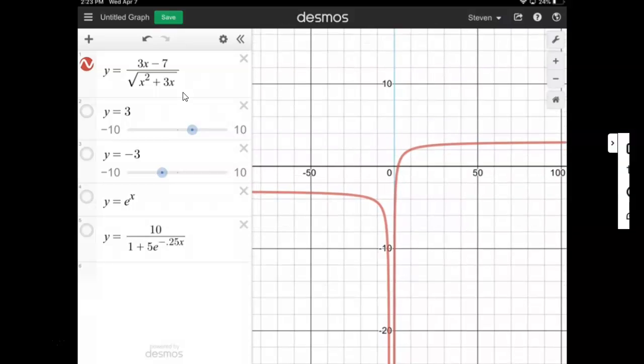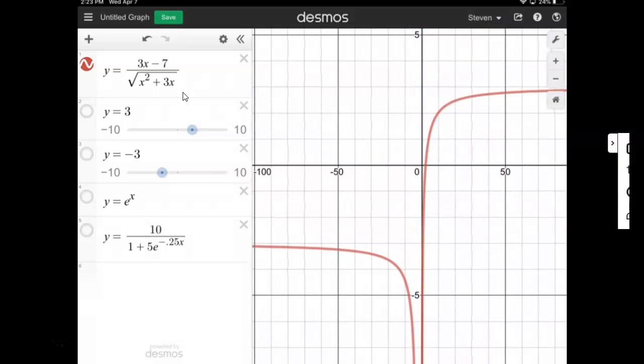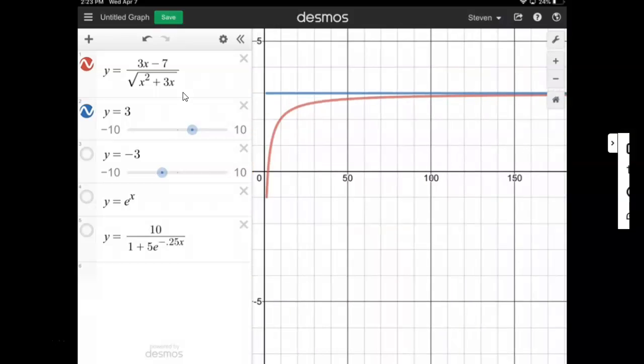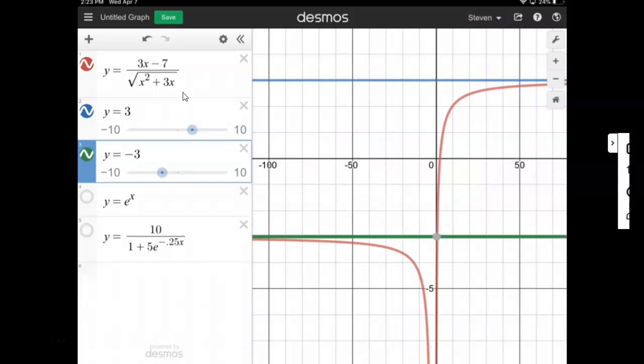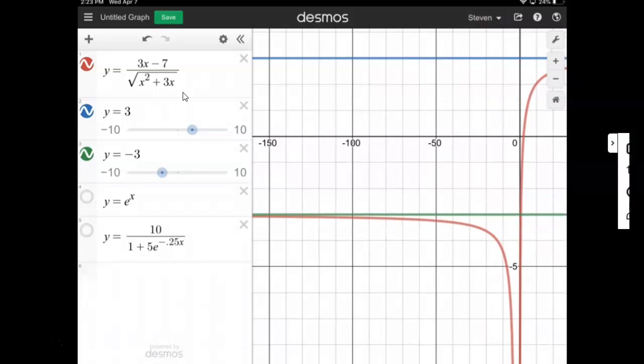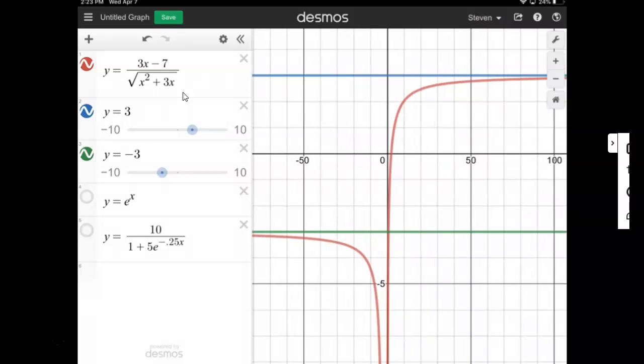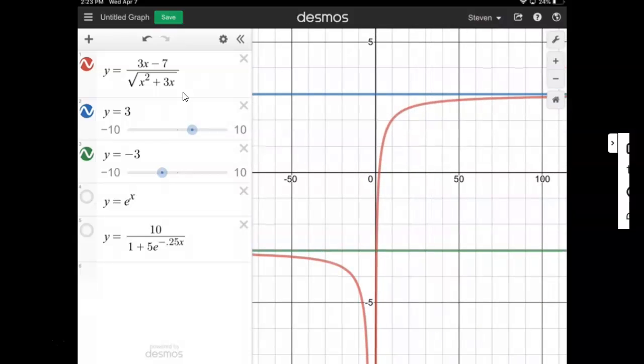But the whole main purpose of looking at the graph is to see that the right-hand side of the graph is closing in on positive 3. And on the left-hand side, as we go to negative infinity, there it is approaching its other asymptote. So you can see that we do have two different horizontal asymptotes.